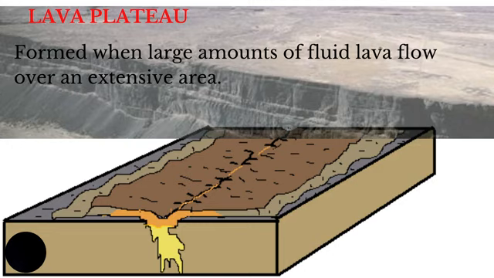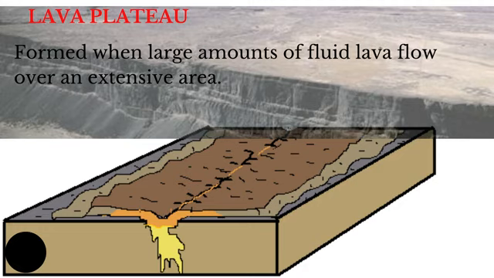A good example is Iceland, where there is a divergent plate margin where the plates are moving away from each other and creates a fissure.